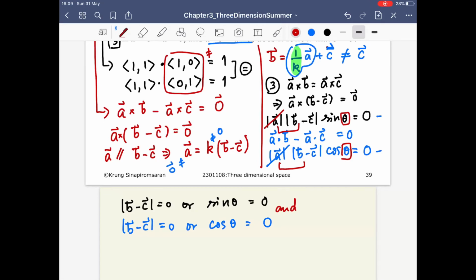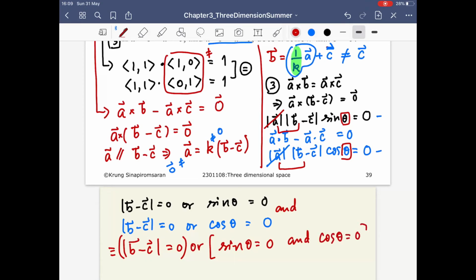Using the basic logic property, this is equivalent to b minus c being 0, or you got sine theta equals 0 and your cosine theta equals 0. This is a basic concept of logic.